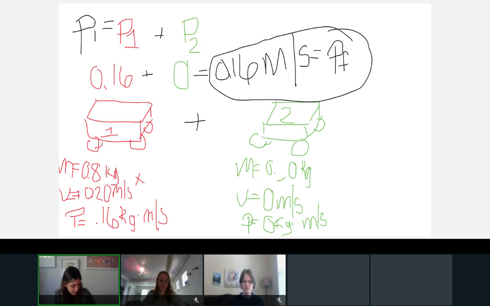So then we're going to move into the second part. Does this make sense now? So far, does this make sense? We just figured out the momentum before the initial reaction.